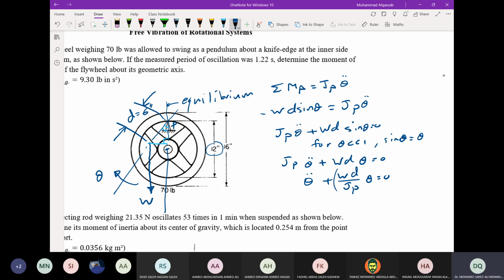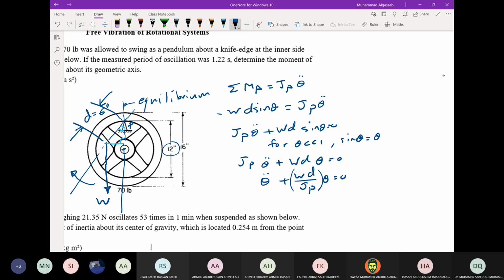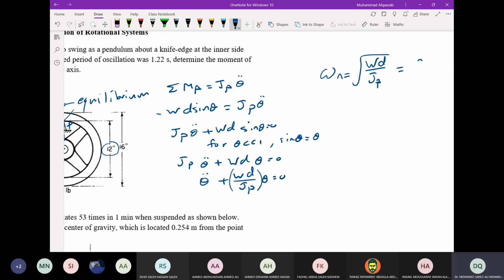So what is the frequency of oscillation? The circular frequency is omega_n equal to the square root of WD over J_P, which is equal to 2 pi over tau_n. Tau_n is measured.